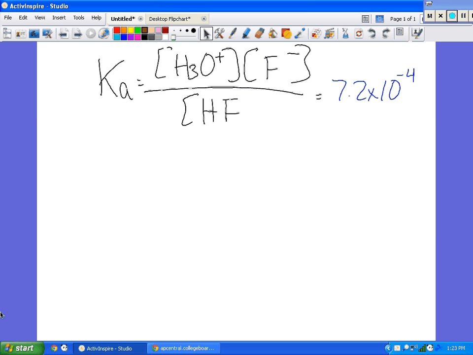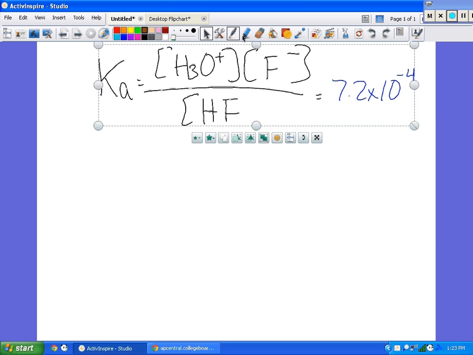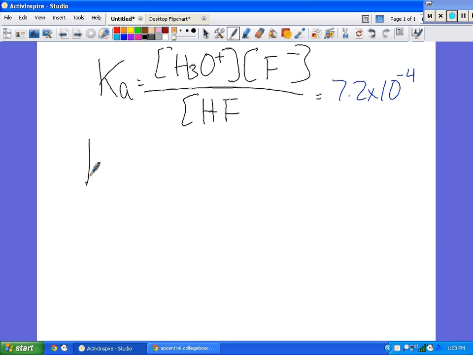But remember, what did we always set? And I'm just going to add this in. What do we always set Ka equal to? Remember, it was X squared over molarity. Remember what we did? This is essentially what we have, because we know the concentration. So here's my suggestion.